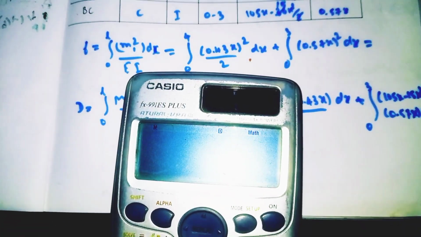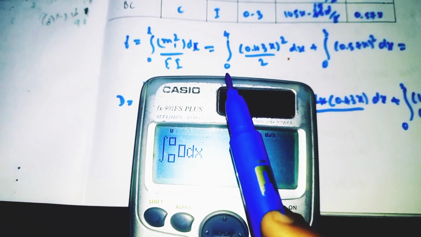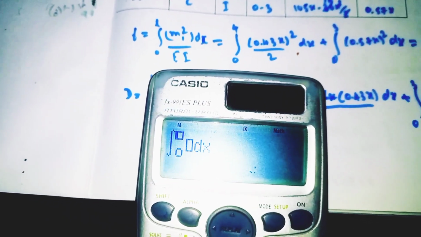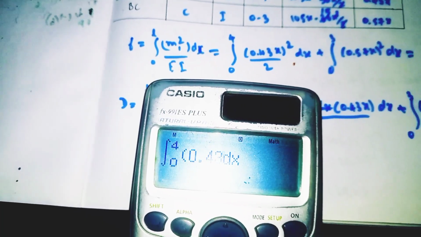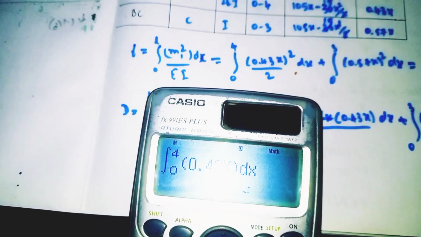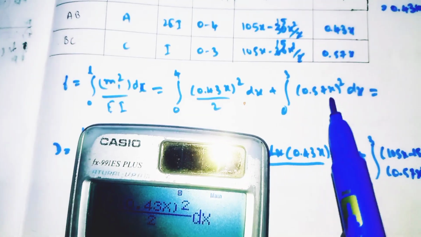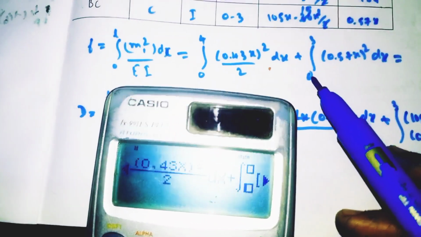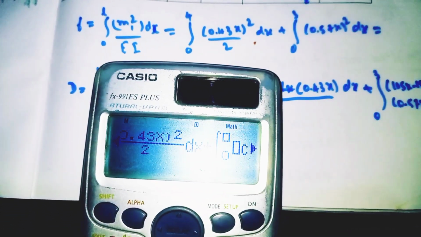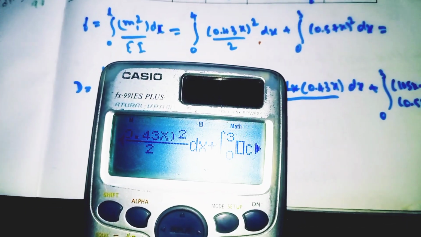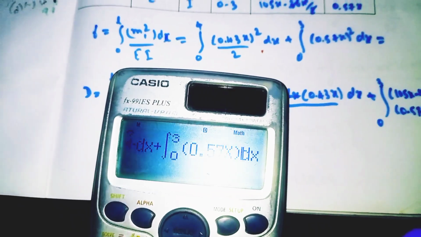First I will find the F. So integration of 0 to 4 of (0.43x) whole square divided by 2, plus integration of 0 to 3 of (0.57x) whole square.